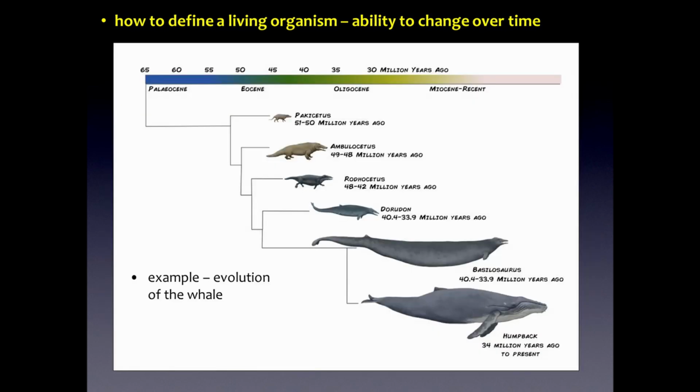Another really excellent example of how organisms evolve over time is the evolution of the whale. If you go back into the past history of the whale, the whale's ancestors used to live on land. They started to hunt for food near the water and realized over time that if they went into the water, they had better access to food resources.